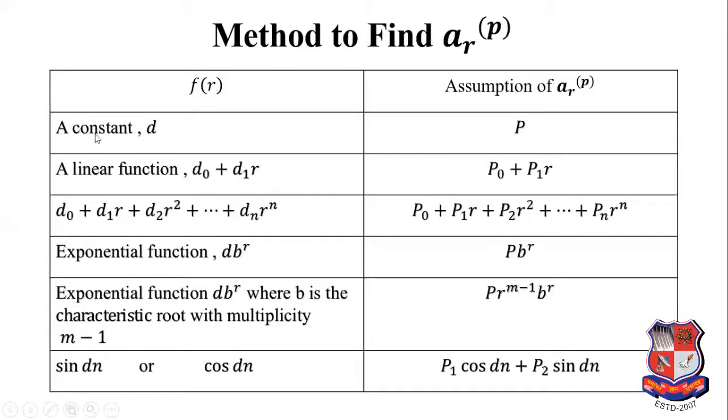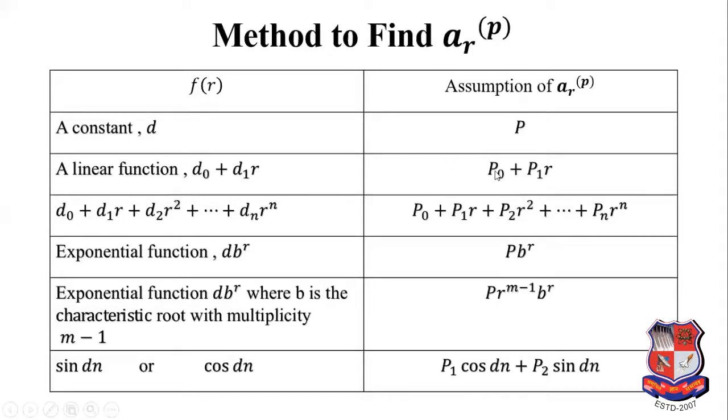Suppose a constant is given on the left hand side, suppose we call it D, then a_r^(P) also we need to assume as a constant. We'll consider that constant as P. For a linear function, D0 plus D1 r.